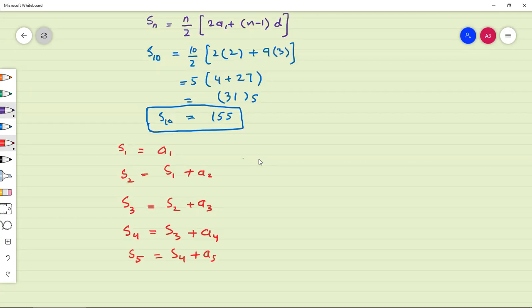I'm writing this pattern because it is used in questions. Sn is equal to Sn minus 1 plus An, where Sn minus 1 is one less than n. This is not a formula, it is actually a pattern, which is rarely used in questions like this.